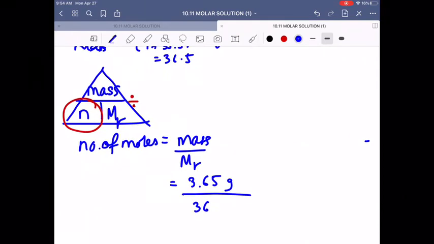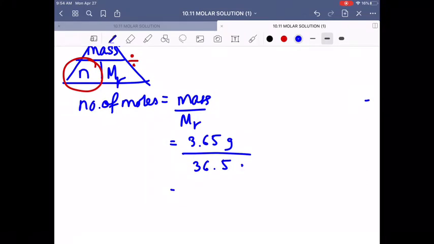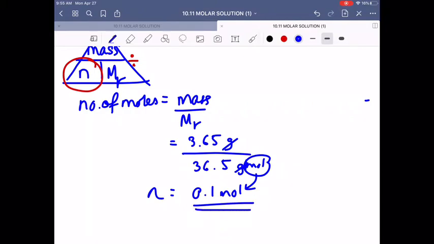Remember, this is gram per mole, so you cancel. When you key in your calculator, you should get 0.1 mole of HCl. So now you have your number of moles already.